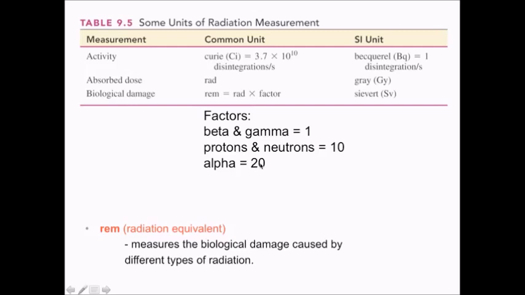So that's why for that poor fellow Alexander Litvinenko that ate some of that polonium-210, he knew he was going to die in about a month. They're so deadly. You notice also that protons and neutrons have a factor of 10. So they're still telling you that alpha particles are twice as deadly as neutrons and protons. And beta and gamma radiation have a factor of 1.